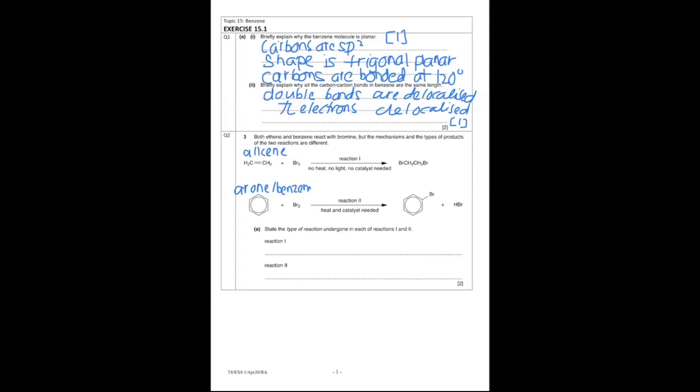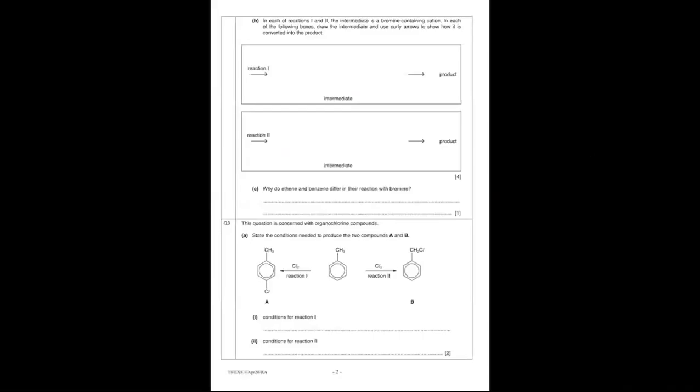So alkene is an AS topic. So you will have to go back to your AS topic, find the name of the mechanism for the reaction between alkene and bromine. For benzene and bromine, I hope you still remember. We just covered this last week, or I have been mentioning it to you a couple of times already.